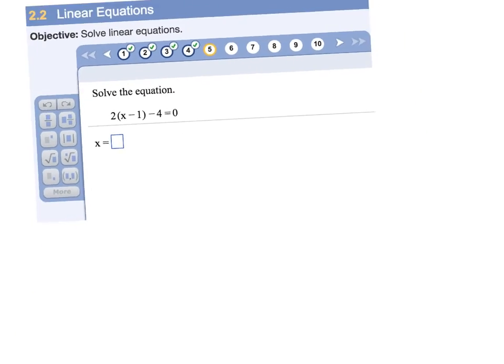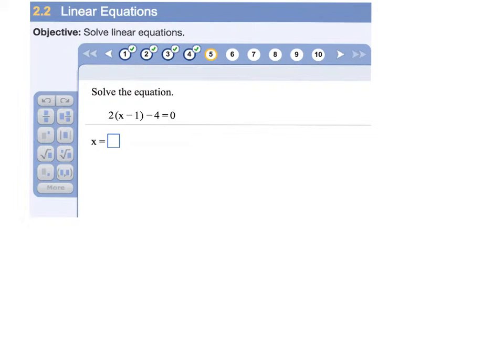Now they're solving the equation, but this time it's getting a little fancier because now we have a distributive property to deal with. I know that we have the distributive property because we have 2 next to a quantity. That means you're going to multiply, which means we have to use the distributive property, because this is like a number, but it's kind of broken up into 2 parts.